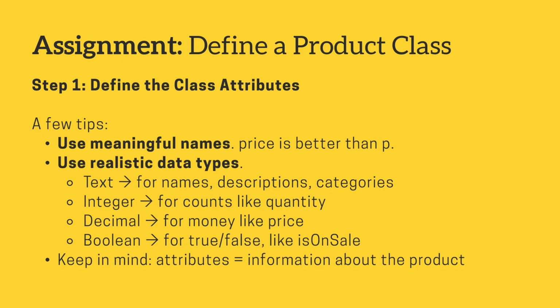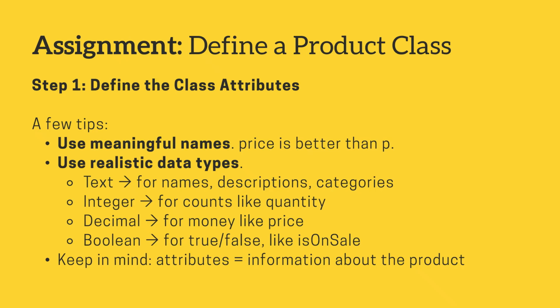For instance, say we had quantity in stock as an attribute. You would make the I and the S in stock uppercase, or you could use underscores in between them. Don't use dashes or anything like that. Use underscores, but don't use spaces. Again, use meaningful words: rather than X and Y or P for price, use the actual word price.